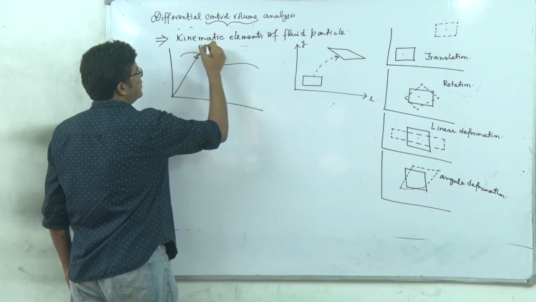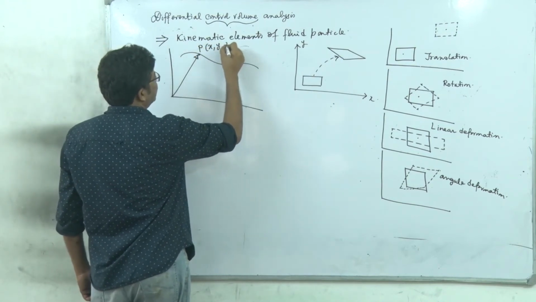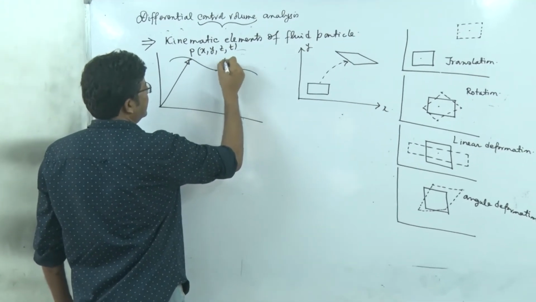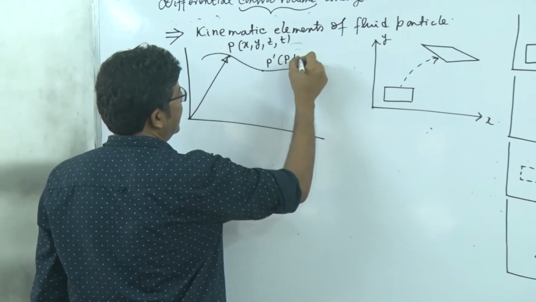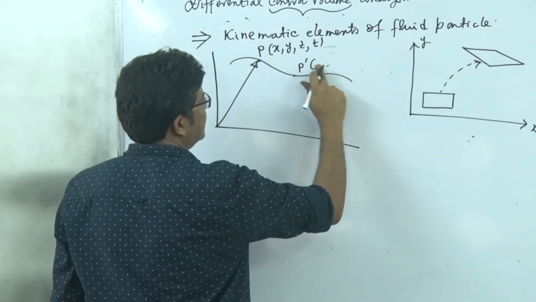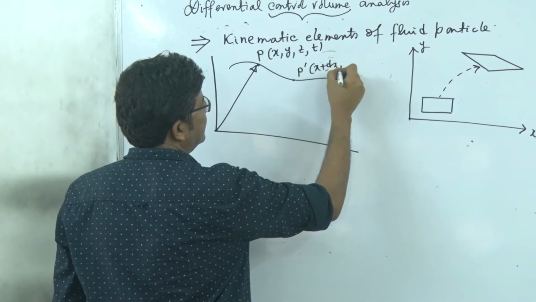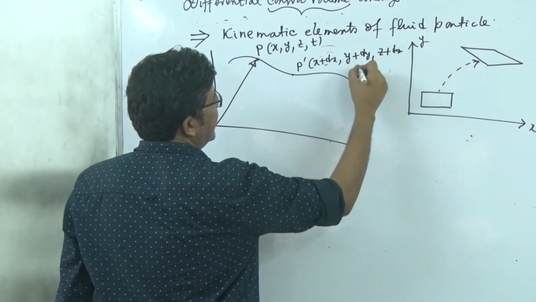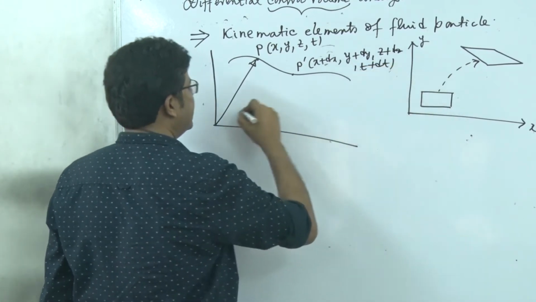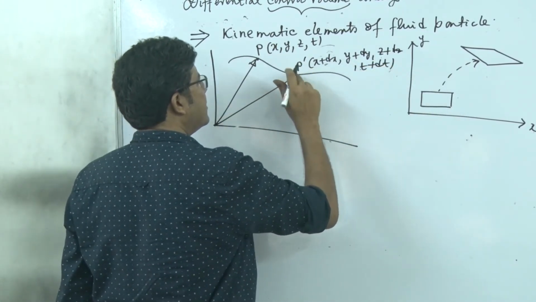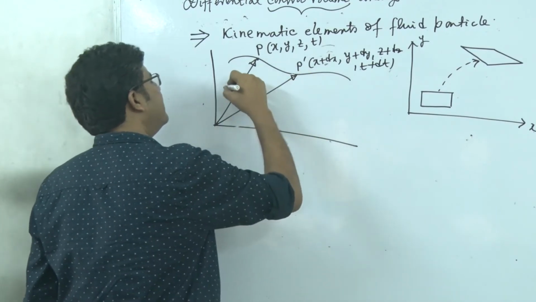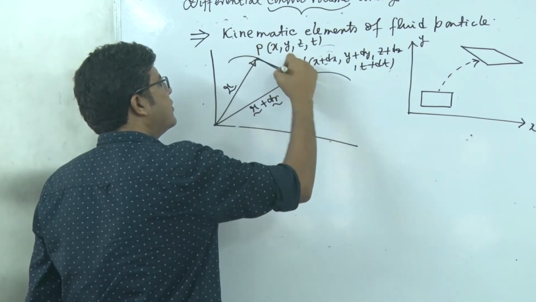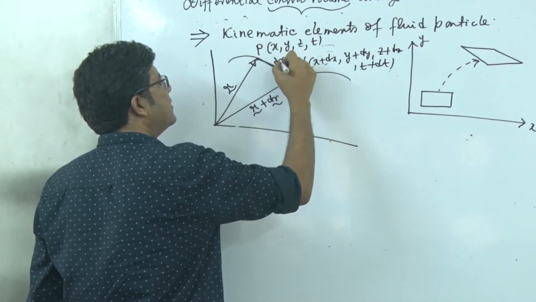So this is the position of a particle at x, y, z and time t. And here the particle will change its position to x plus dx, y plus dy, z plus dz at time t plus dt. So this is vector r, position vector r, this is r plus dr. So this much is dr itself.